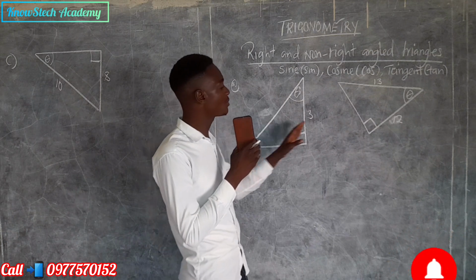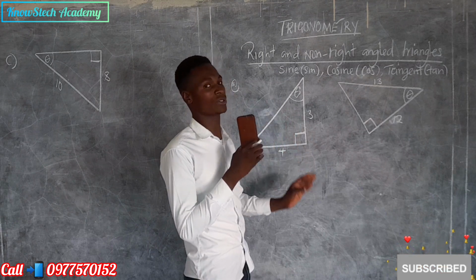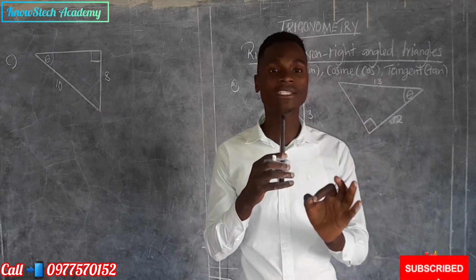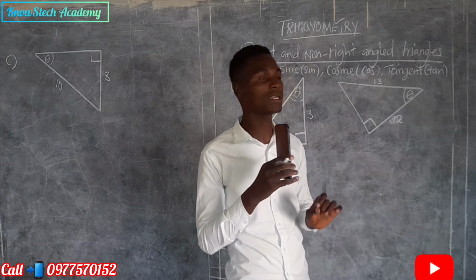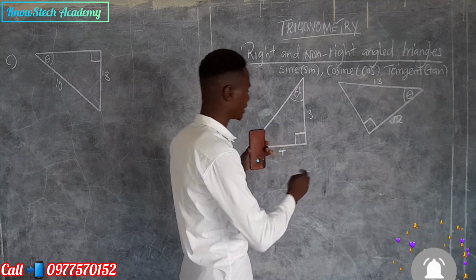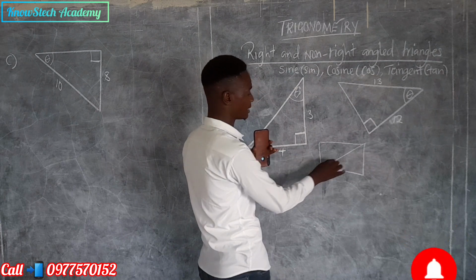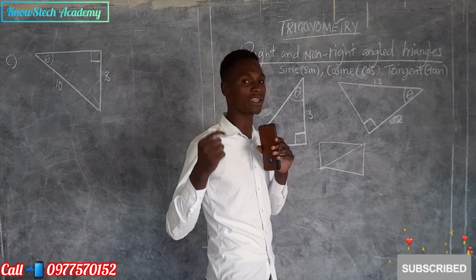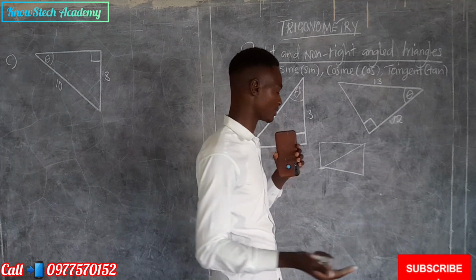So now, how do you find the sides of a right angled triangle? Remember in grade 8 and 9, you learned about the Pythagoras theorem. When you have a rectangle and it is cut in halves, starting from this point, you have two right-angled triangles. In other words, a rectangle is a combination of two right-angled triangles.